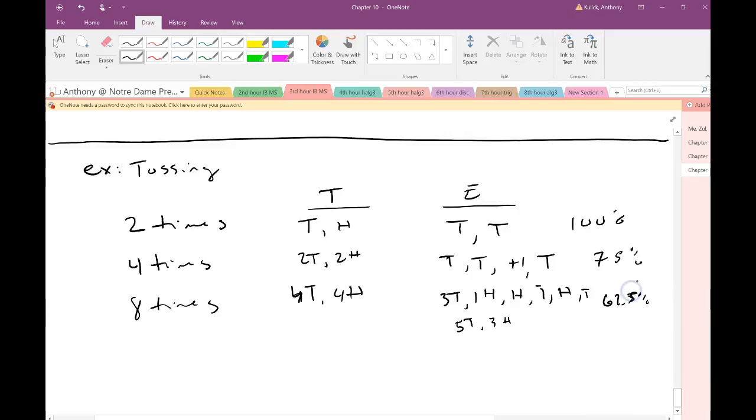You see that as this goes on, we're getting closer and closer to the theoretical 50% tails, 50% heads that we'd expect, right? Does everybody feel okay about the difference between the theoretical and experimental probabilities?